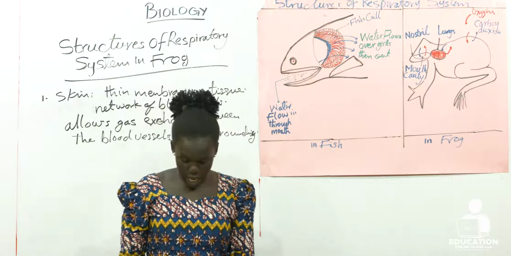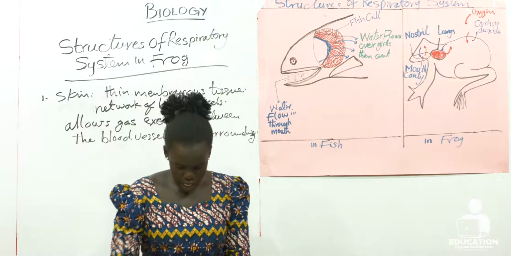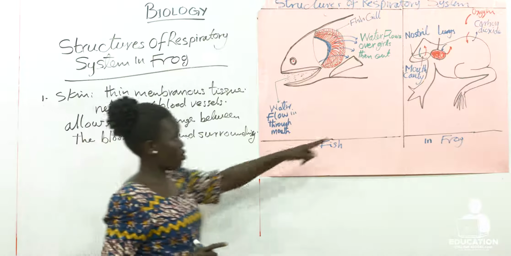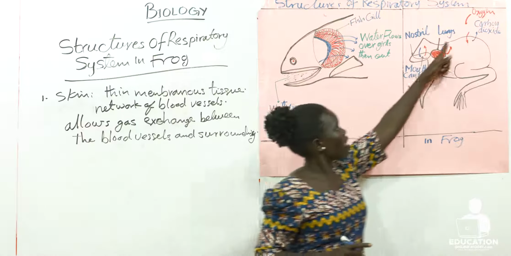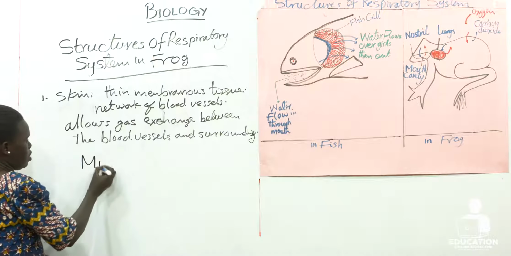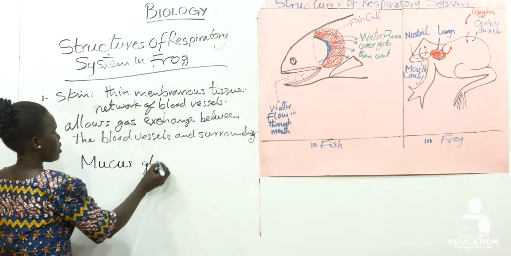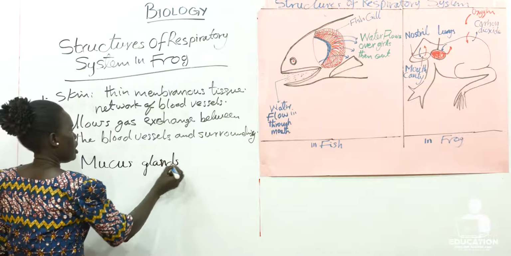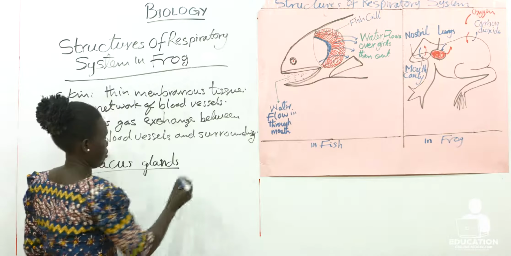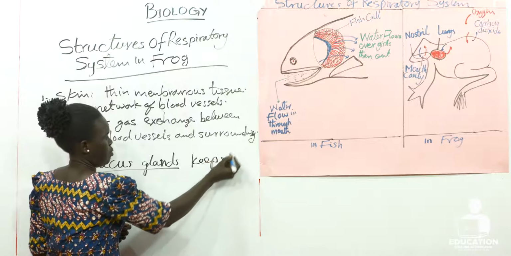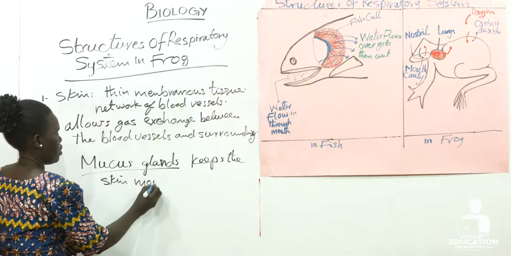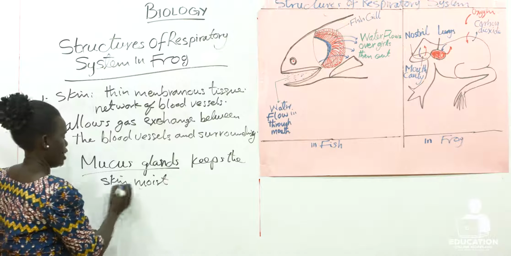Even if it is out of the water, we find frog has mucus glands in the skin. These mucus glands keep the skin moist. Why should the skin be moist?